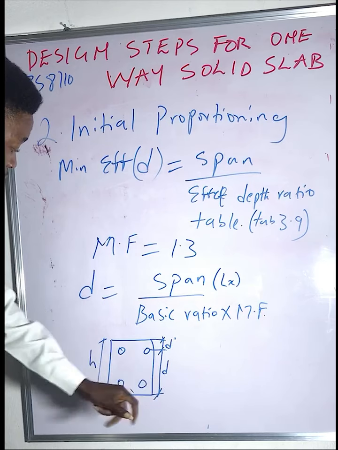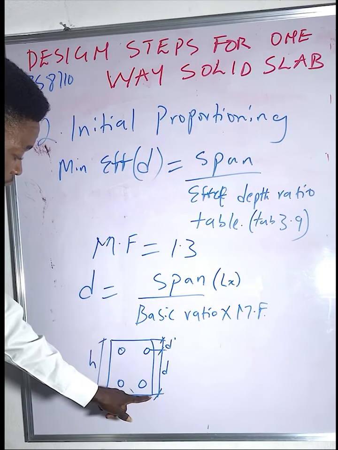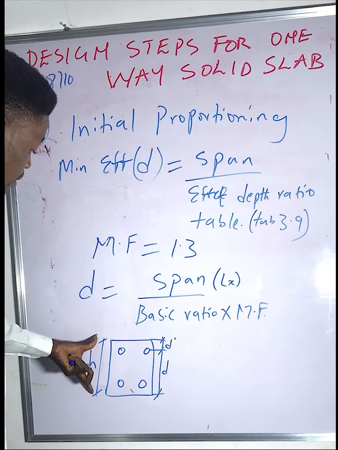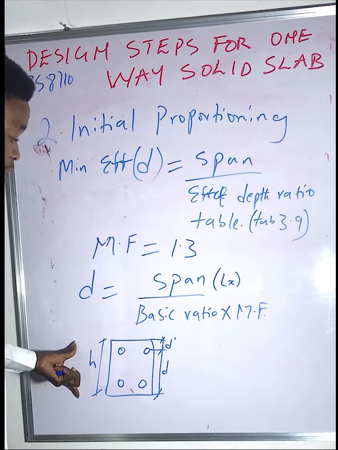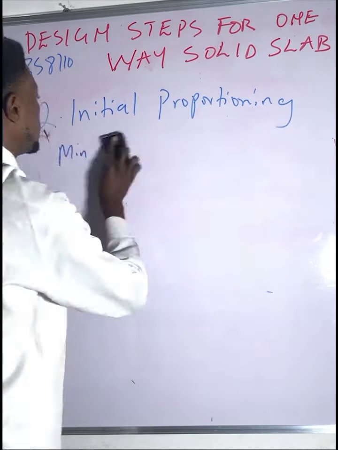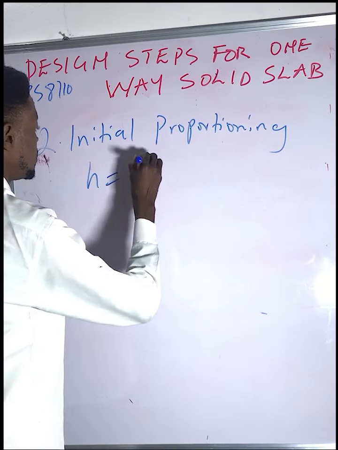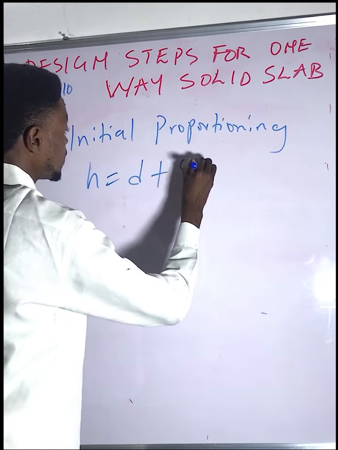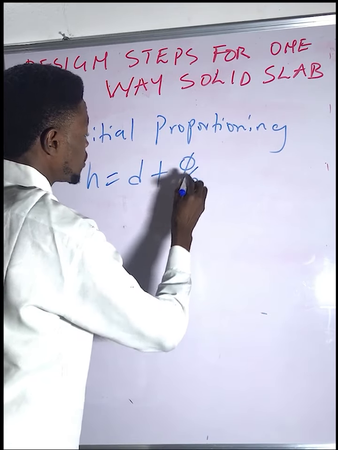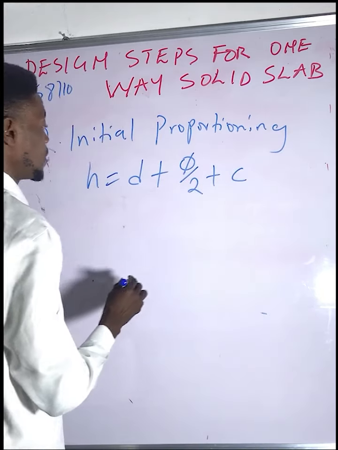This is your d from the middle of reinforcement to the top, and the total height is your h. Your h is d plus reinforcement diameter over 2 plus cover of reinforcement.